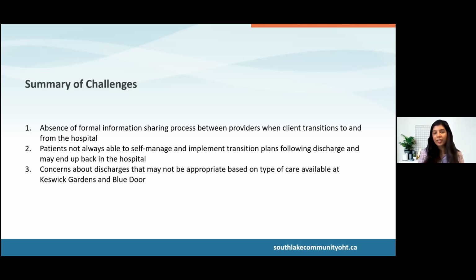And the third, which was expressed equally across the 3 different sites, is that there are concerns about discharges of clients and patients that may not be appropriate based on the type of care available. A great example shared by hospital staff is that there might be a detox service that may be required by the client but not available.